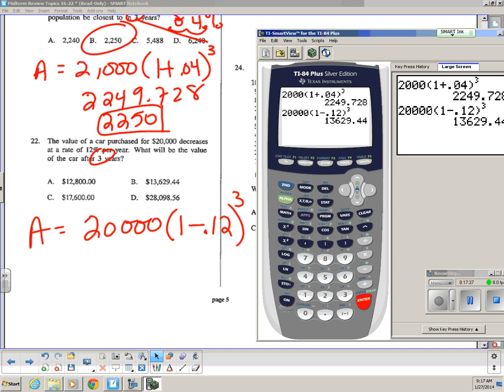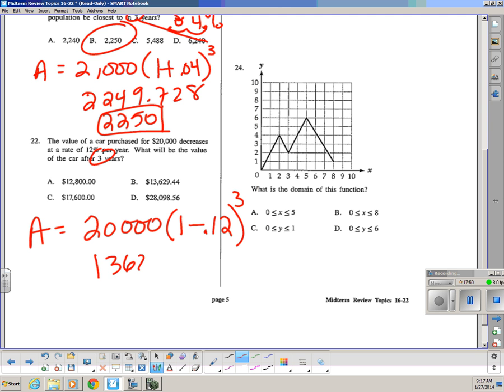And we're rounding to the nearest cent. If you're looking at the choices, we're going to round to the nearest cent here. We don't want to round it off prematurely, so we get 13629.44, right on the dot. Choice B.